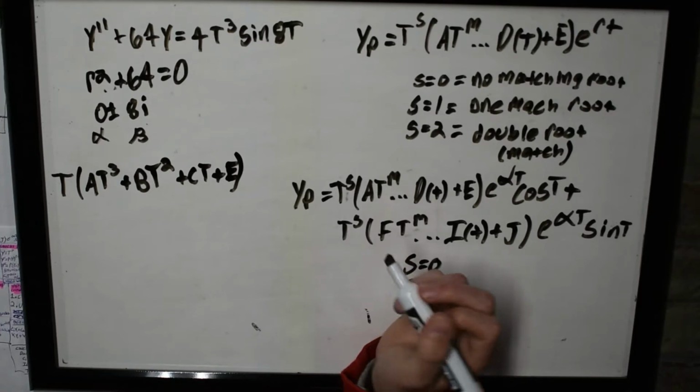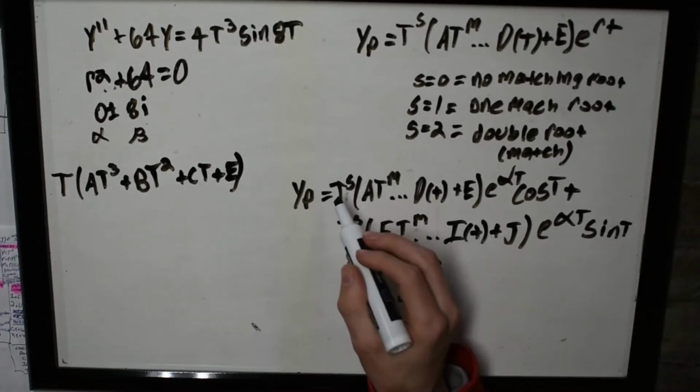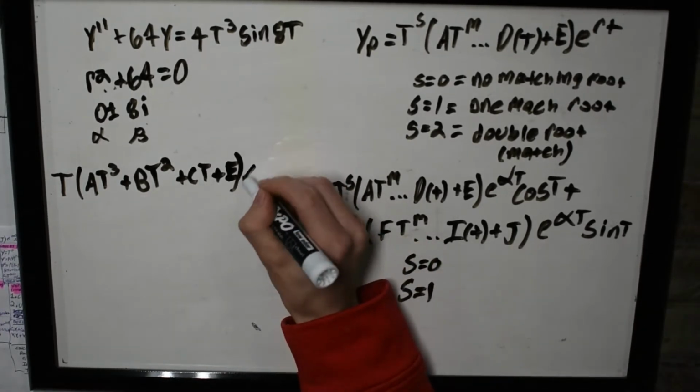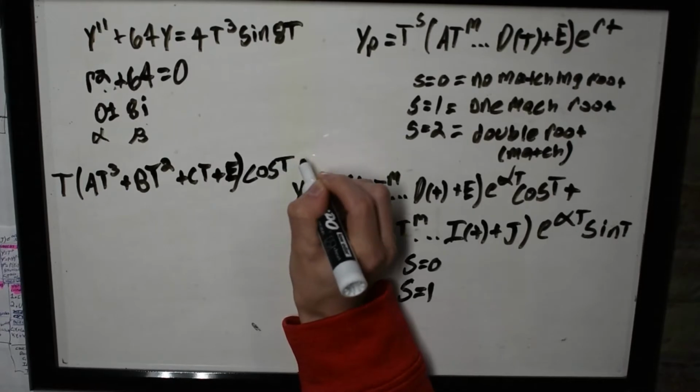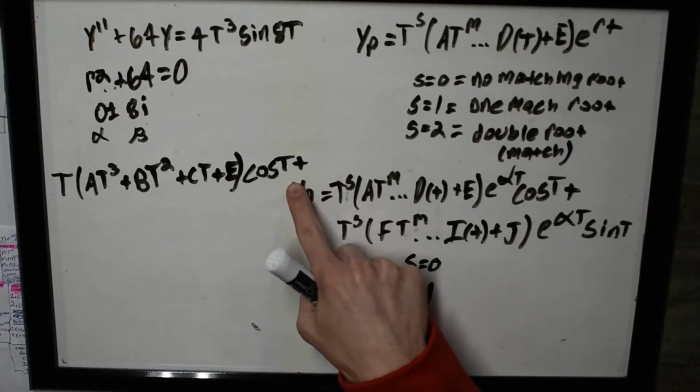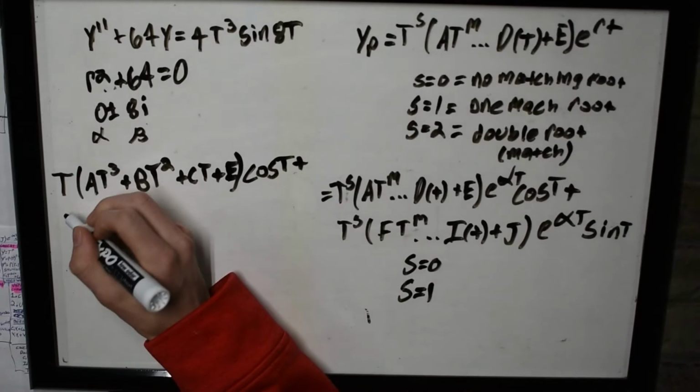And then alpha is 0, so we can just do cosine t. Plus, and then I'm going to erase this and move this down here.